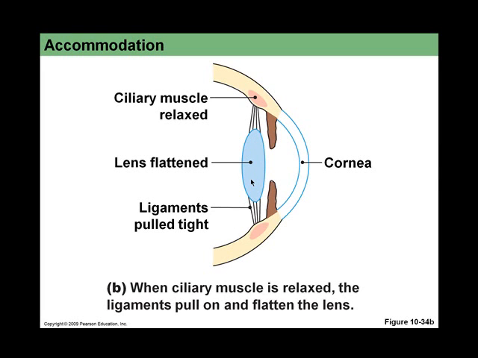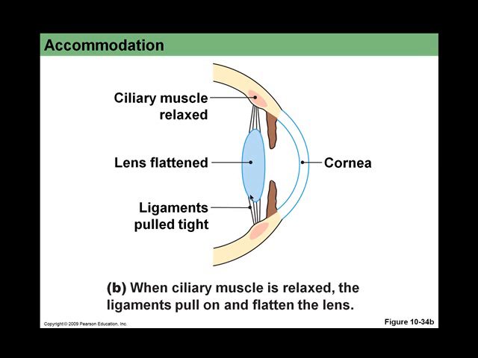It's highly specialized. So when the ciliary muscle is relaxed, you're going to have the greatest diameter of this sphincter, right? It'll be the most open. And what that's going to do is passively put tension on the ligaments and pull them tight and stretch and flatten the lens.